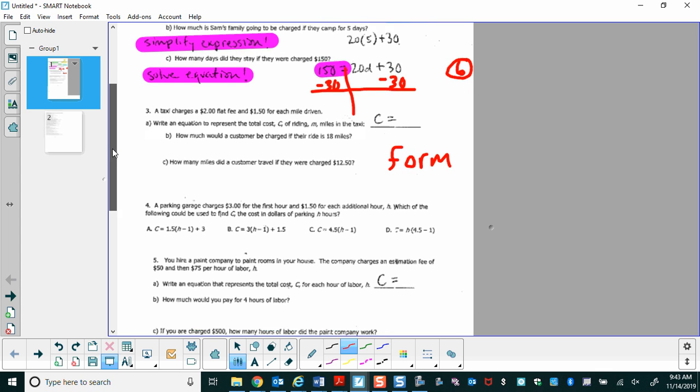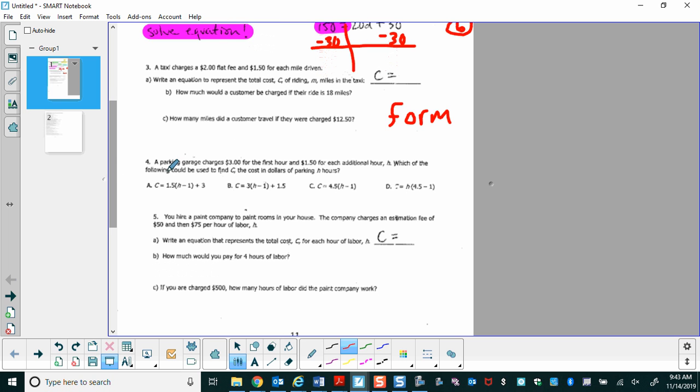But while I'm here with you guys on this video, I wanted to talk to you guys real quick about number 4. So in number 4, we have that a parking garage charges $3 for the first hour. So you're going to park your car, and for the first hour, you're paying $3 only. Then it's $1.50 for each additional hour. So if we parked for 2 hours, let's think this part through, okay?